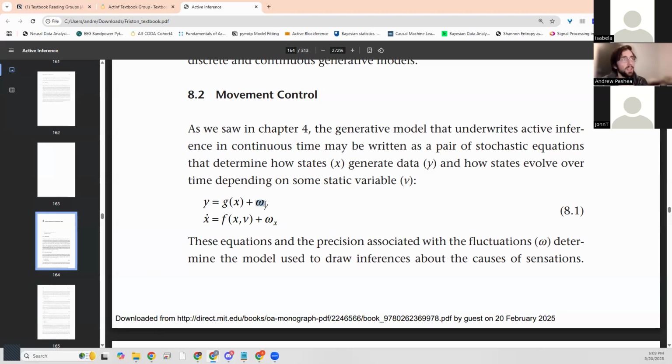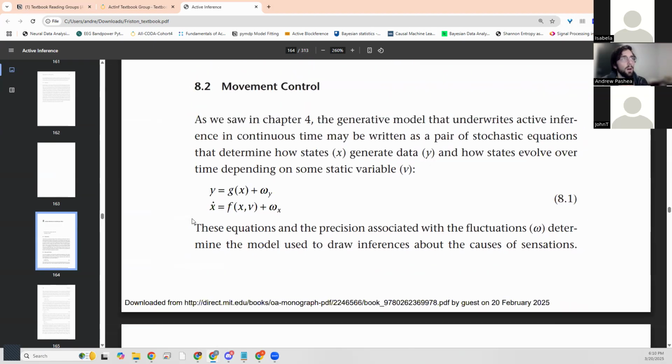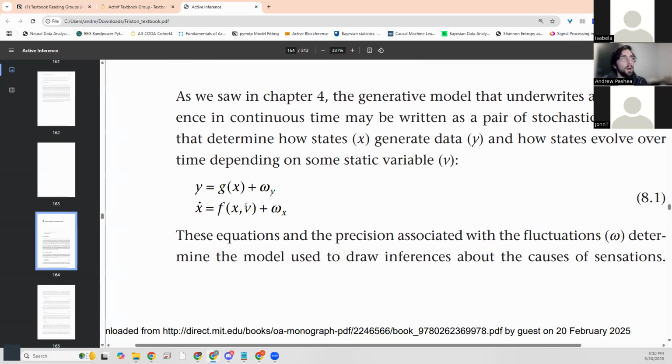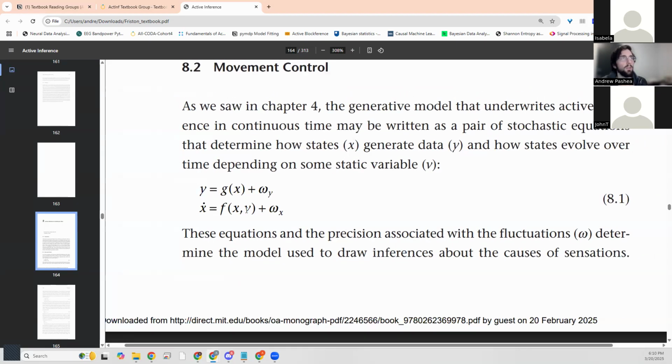Here we're also looking at a more continuous state space. We're looking at something like a kind of error term or flux or stochasticity within an equation, as well as a derivative. So we're looking at states evolving over time as a function of hidden states, or rather, what is the rate of change of x given x and some kind of static or otherwise variable with stochasticity.